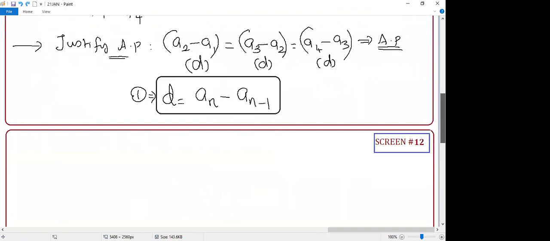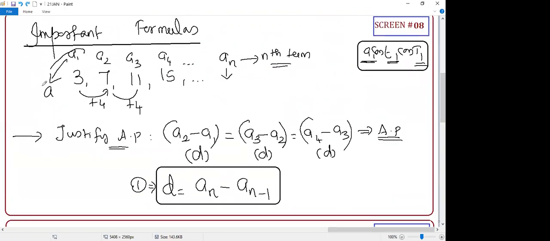Guys, the special letter for the first term is A. What is the special letter for the last term? AN, sir? No, it's actually L, last term. But please remember, A1 is always A, but L is not always AN, because I don't know my last term.